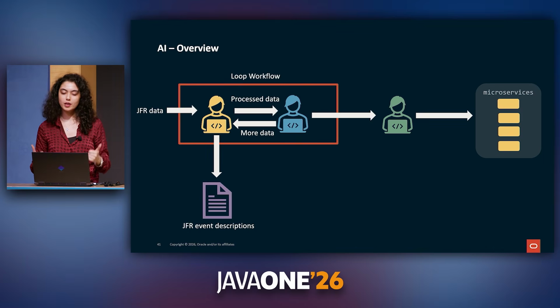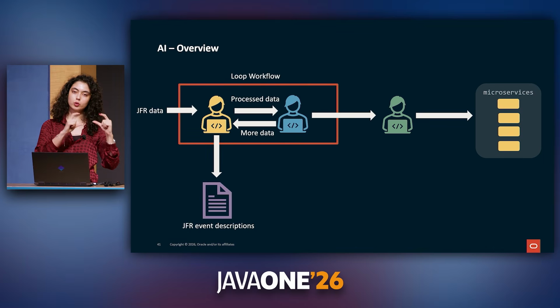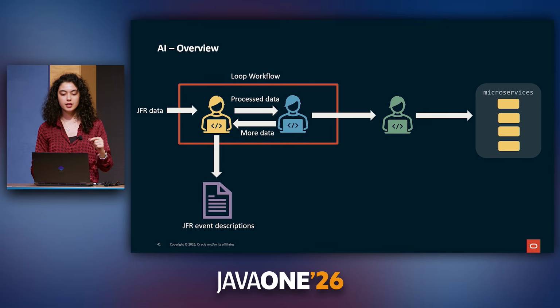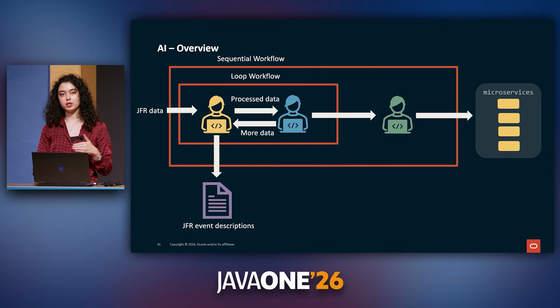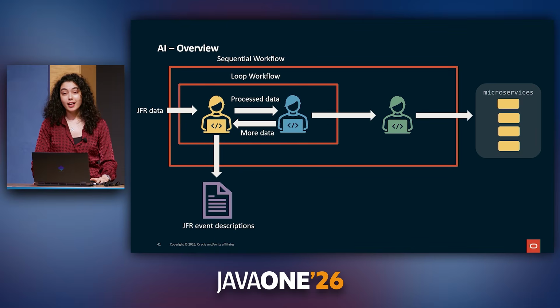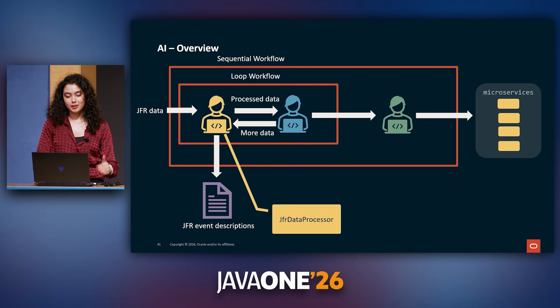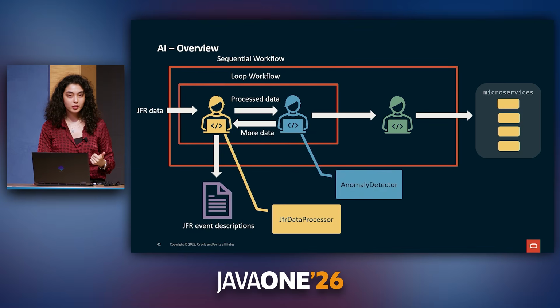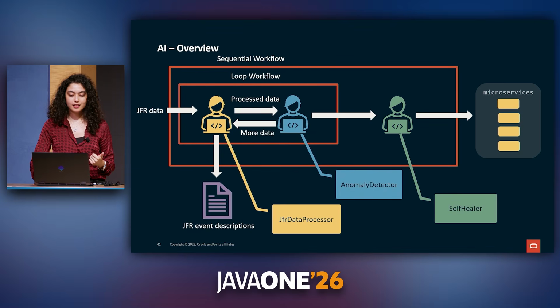If we go one step back and look at the loop workflow and the green engineer, we see a sequential workflow here. These engineers can be AI agents: the yellow can be the JFR data processor, blue can be the anomaly detector, and green is our self-healer agent.